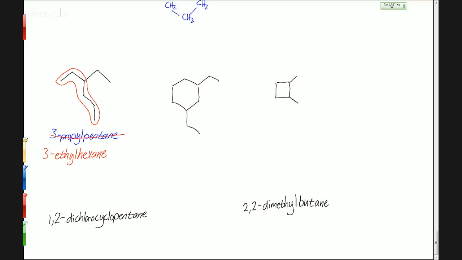All right. What about this next one? There's not really a trick here, but you do have to know how to name it. 1,3-diethylcyclohexane. Yeah, you got it.